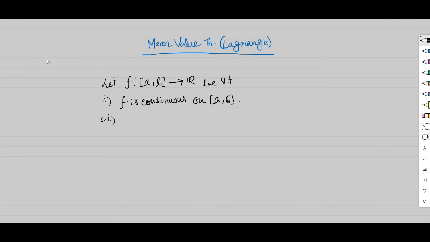Condition 2 is f is differentiable on the open interval (a, b).